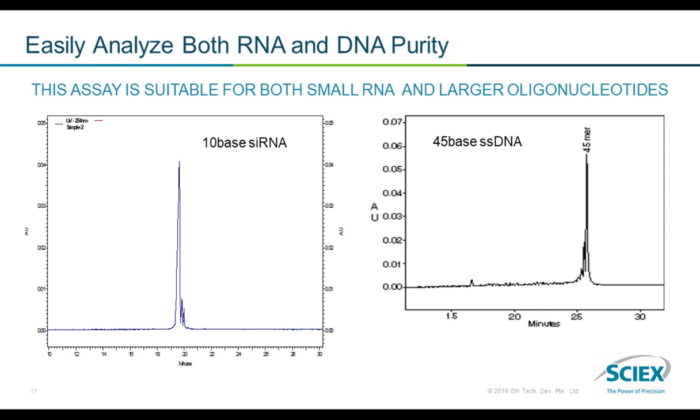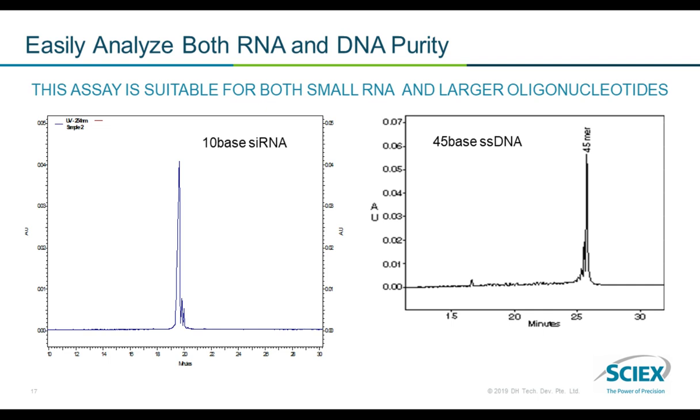You can use the same ssDNA kit for small RNA or DNA, like I said, single-stranded DNA up to 100 bases. This electrophoregram on the left is for an siRNA, which is 10 bases long. As you can see, the major peak and some minor impurities present within the sample help determine the purity of your siRNA prep.